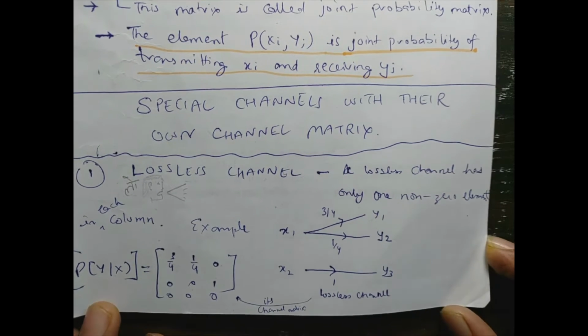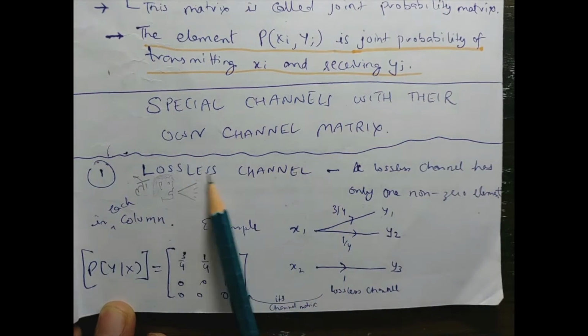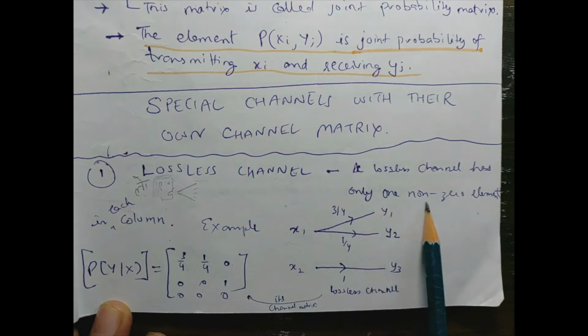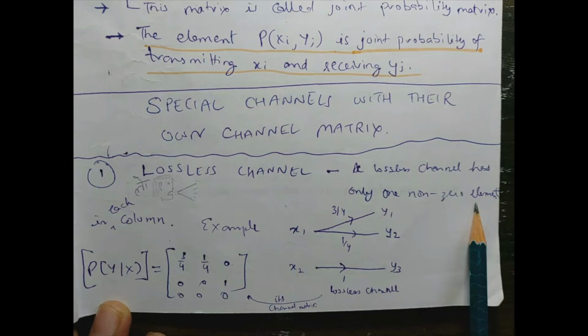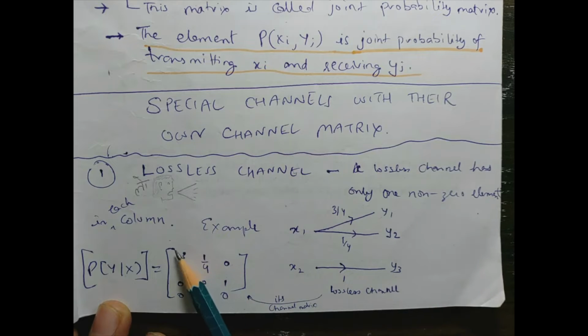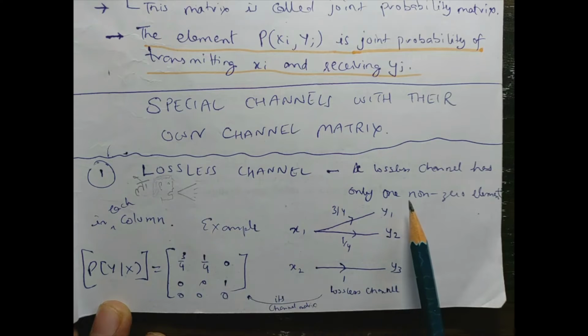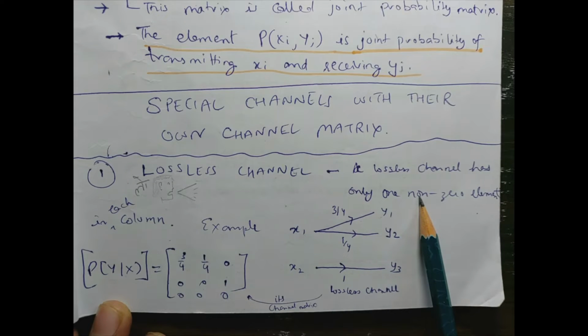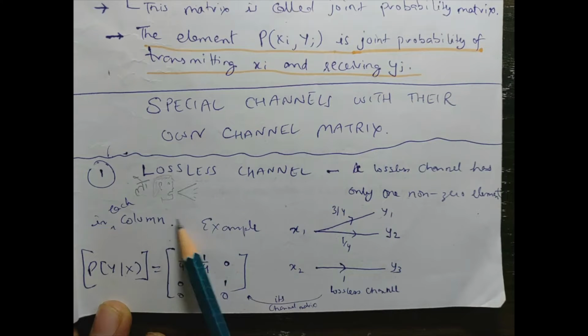The basic identification of lossless channel is that only one non-zero element exists in a column. The drawing is better to remember, associated with its name, and then you can generate this on your own, and derive this understanding that a lossless channel has only one non-zero element in a column.